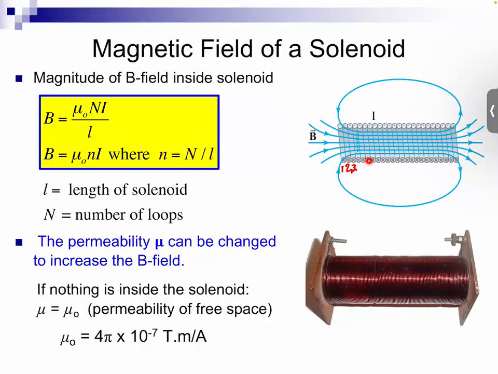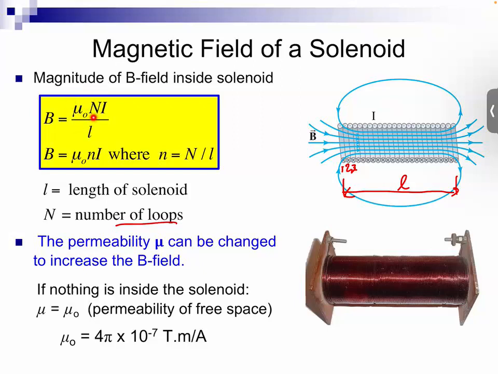Each coil contributes to N, the number of loops in your solenoid, and L is the length of the solenoid. It's the actual length of the solenoid rather than the length of the wire that's used to create that solenoid.